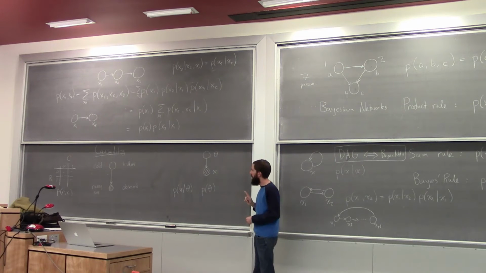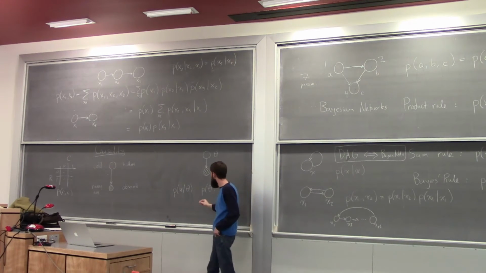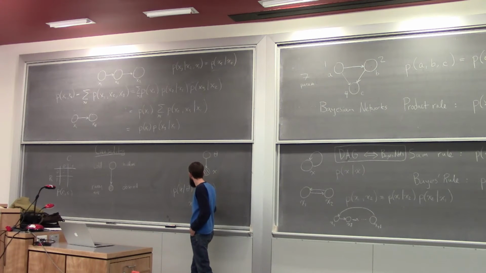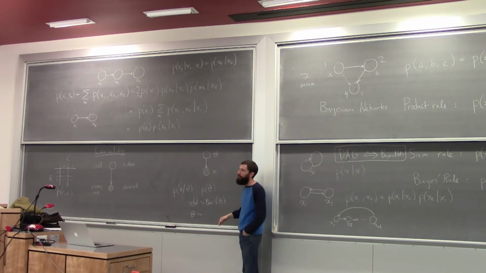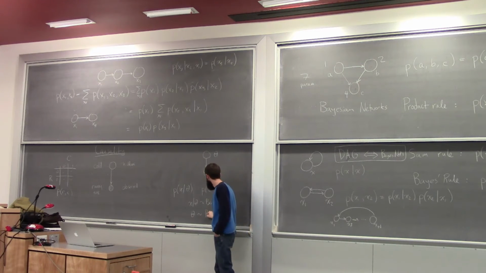The next piece of notation is helpful if we stick to the Bernoulli. If I say x given theta is Bernoulli with parameter theta, and then my prior on theta could be uniform, it has no parameters. We did that one first. But let's say I have a beta distribution that has two parameters, alpha and beta.